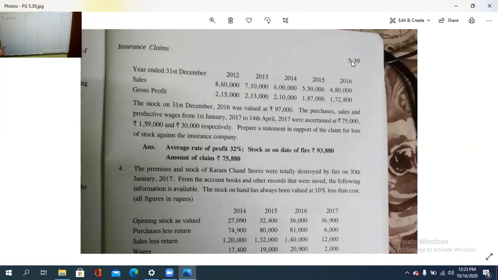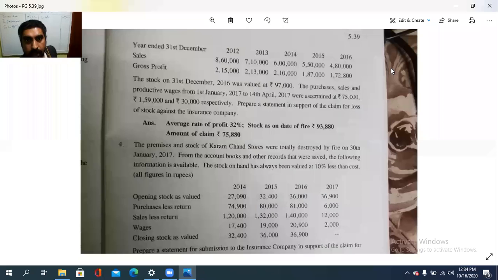Okay, so I think opening stock is not there. Stock on December 31st, 2016 is 97,000. So here in this problem, this is the memorandum trading account for the year 2017, where opening stock is 97,000, purchases is 75,000, wages is 30,000, and sales is 1,59,000. These are the items given in this question. We need to calculate the gross profit.